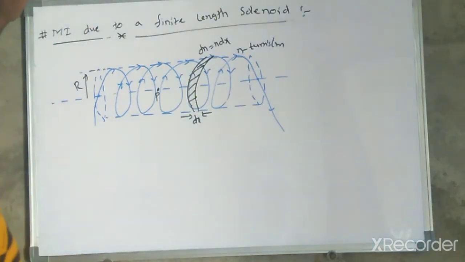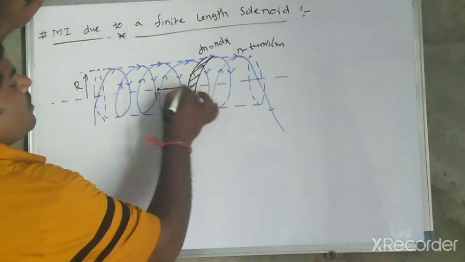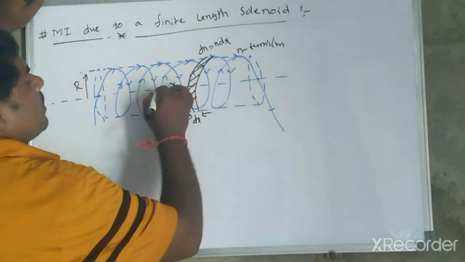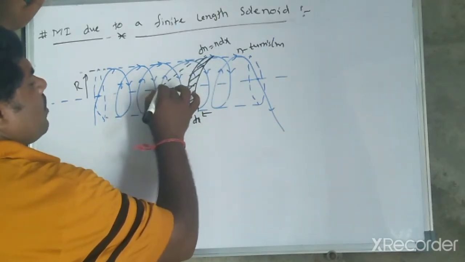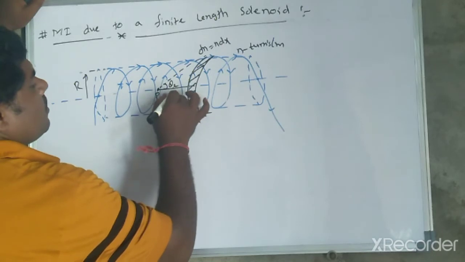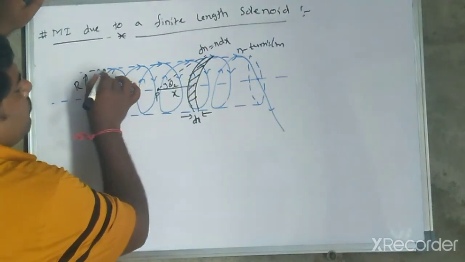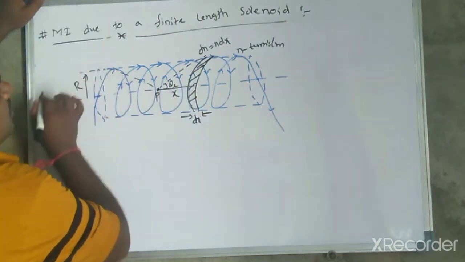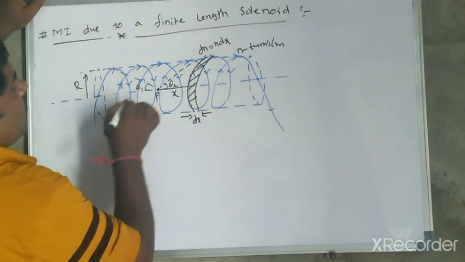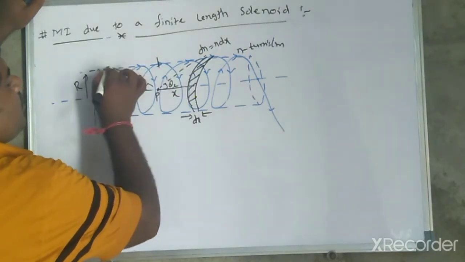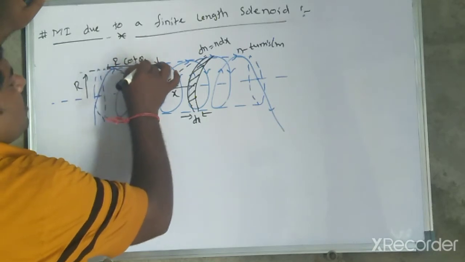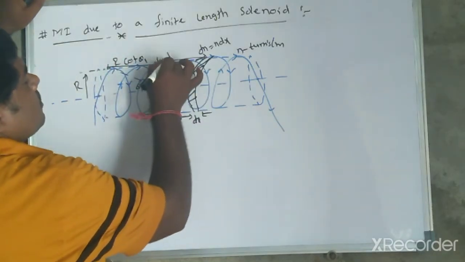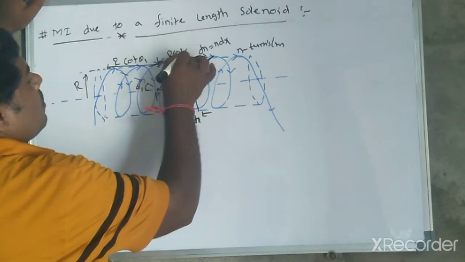The distance to the element is x, and the angle is theta 2. Similarly on the left side, the angle is theta 1. Here the distance is r cot theta 1, and here the distance is r cot theta 2.